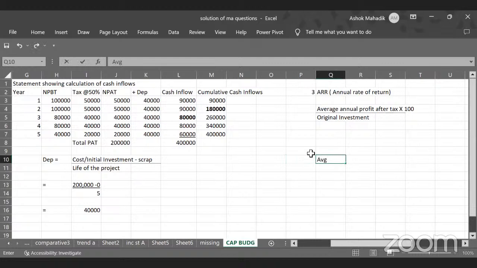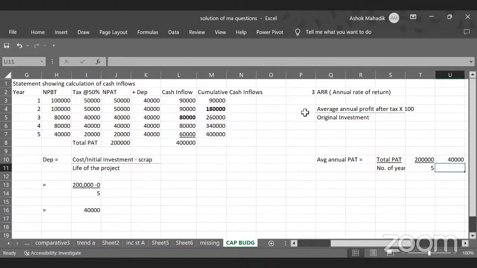Average annual profit after tax is equal to total profit, total PAT, upon number of years. So total profit after tax is 2 lakh rupees upon total number of years, which is 5 years. So your answer is 40,000.